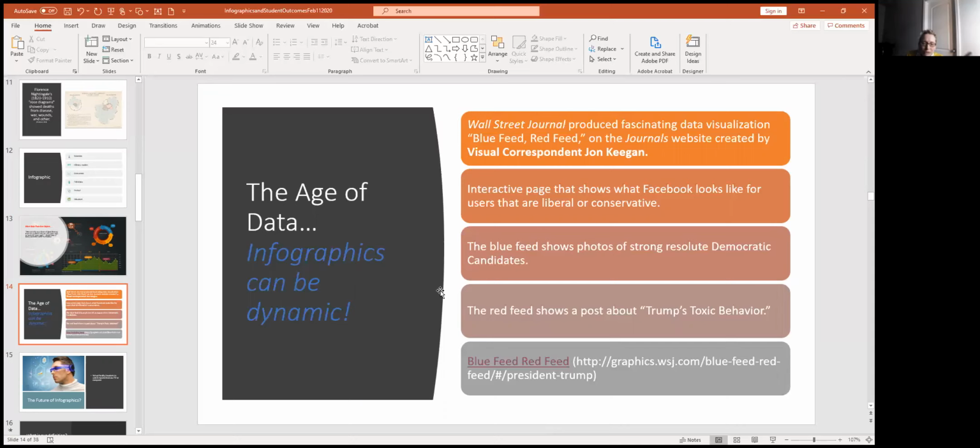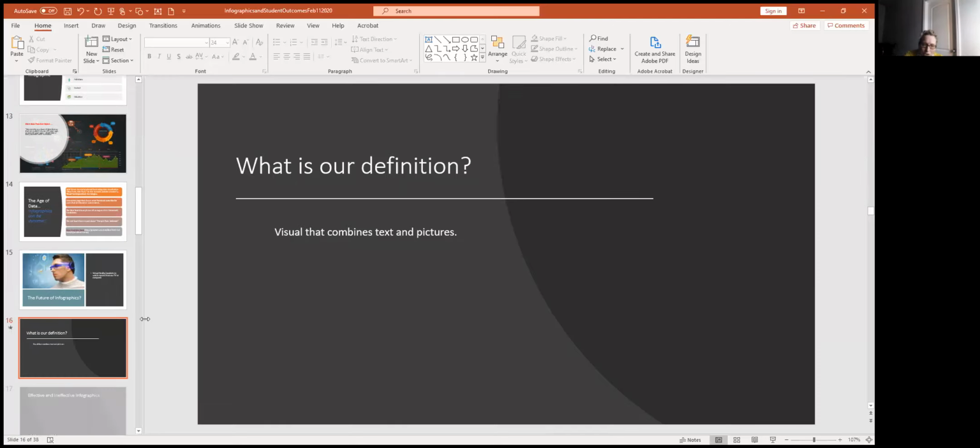It has a red feed and a blue feed, and you pick different topics, whether it's the Democratic candidates, the economy, or different policies, and you can see this dynamic infographic giving you real-time information, combining text and visuals.